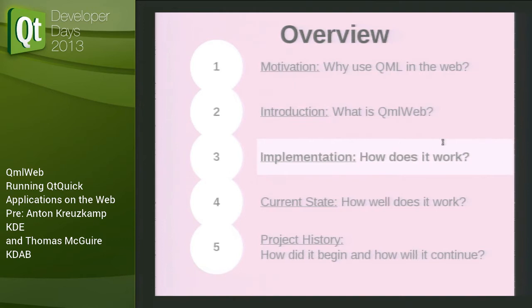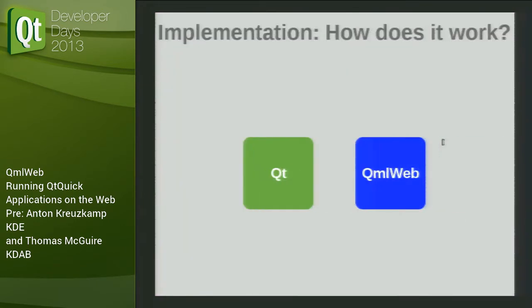Thank you. So, how does it work? In this chapter, for each of the sub-chapters, first Thomas will tell you how things work in the Qt QML engine, and then I will show how it works in QML Web. So Thomas here is the blue color, I'm the green color, and you are all familiar with Qt.